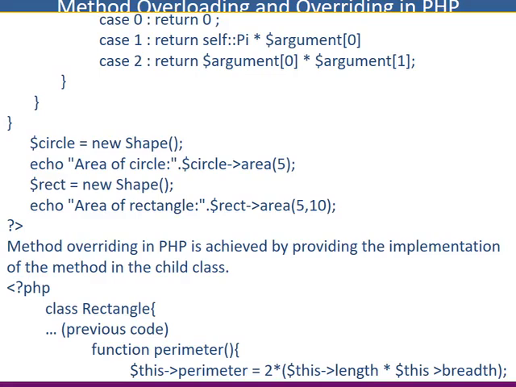PHP first looks for an area method in the shape class, and when it doesn't find one, it is now called using the underscore call area instead.